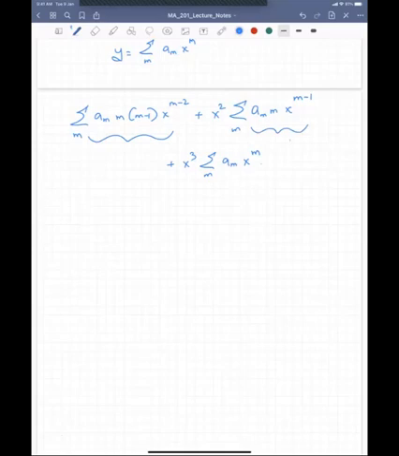But for the second series, I can take this x squared inside and write this as am x to the m plus 1. So now you have to be careful. The third series is actually am x to the m plus 3. So to collect the coefficients, you have to shift the indices carefully.